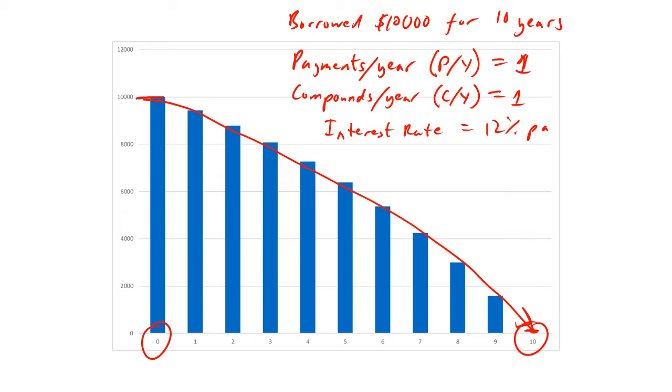Because it's per annum, it works out nicely with the ones for the payments and the compoundings. So we know that normally with compound interest, you have this idea that B(n+1) equals R times B(n). But we also wanted to reduce this loan. It's called a reducing balance loan.